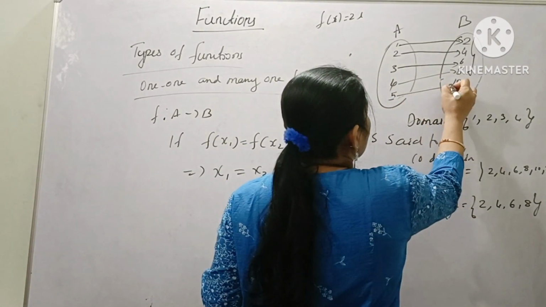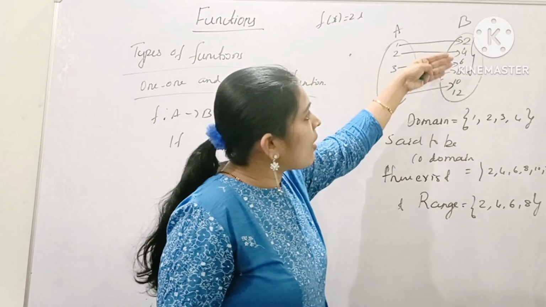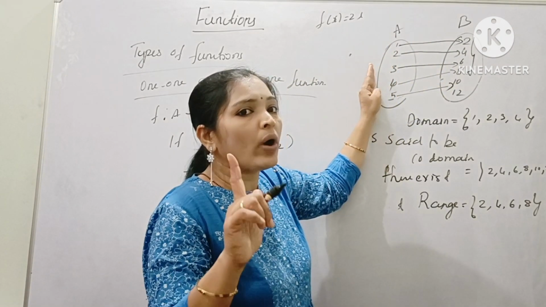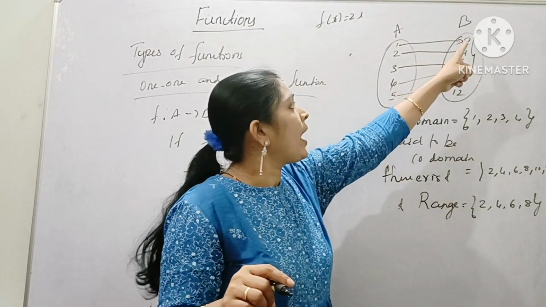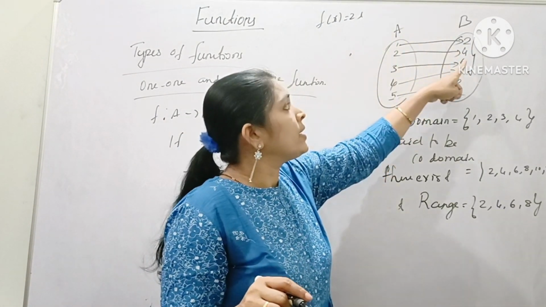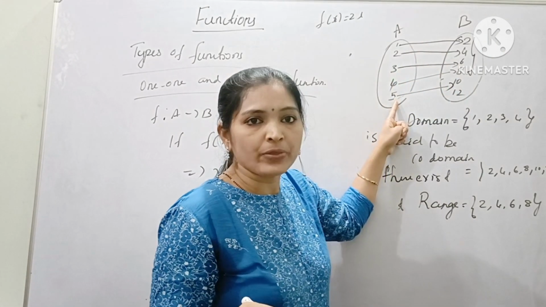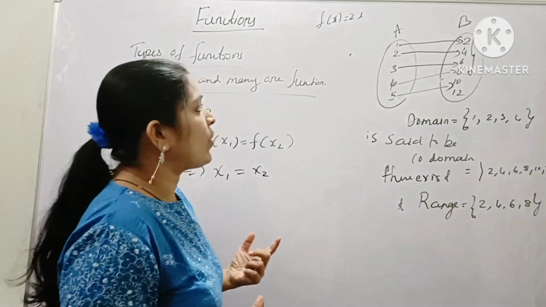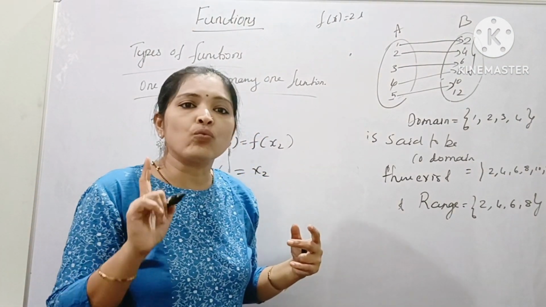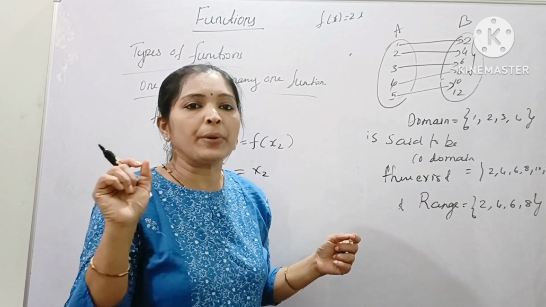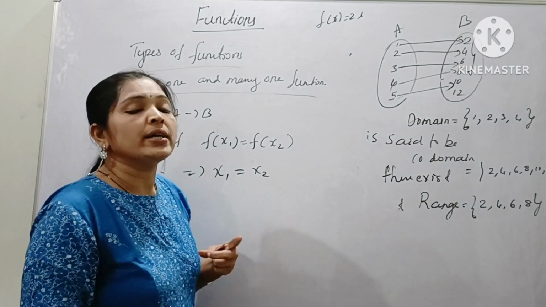Now see, this one is a one-one function, because all the images have only one pre-image. 2 has pre-image 1, 4's pre-image is 2, 6's pre-image is 3, 8's pre-image is 4, 10's pre-image is 5. So every image has exactly one pre-image, and then that function is called one-one.